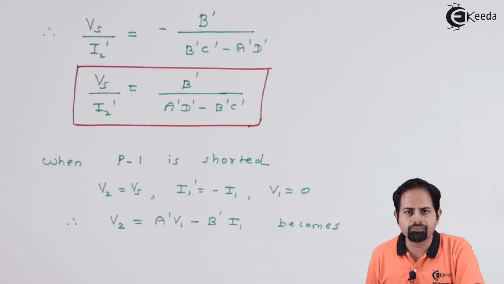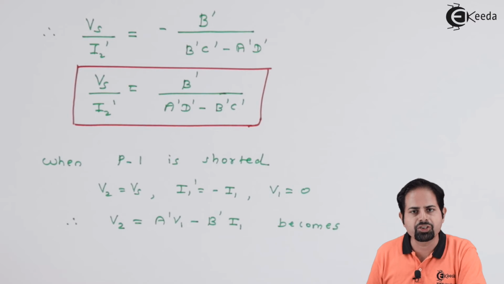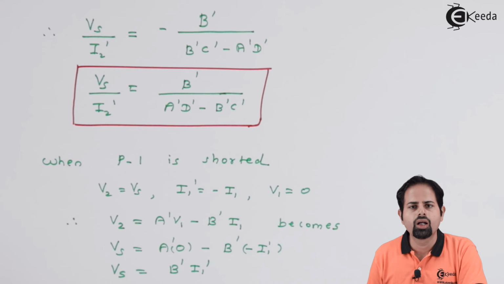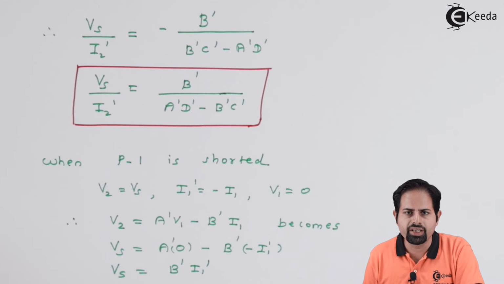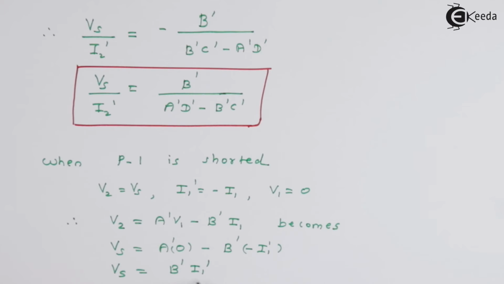So this equation will now become V2 is Vs, V1 is 0 and I1 is minus of I1 dash. And the ratio that we wanted is Vs divided by I1 dash. And here we have got it, Vs divided by I1 dash is equal to B dash.